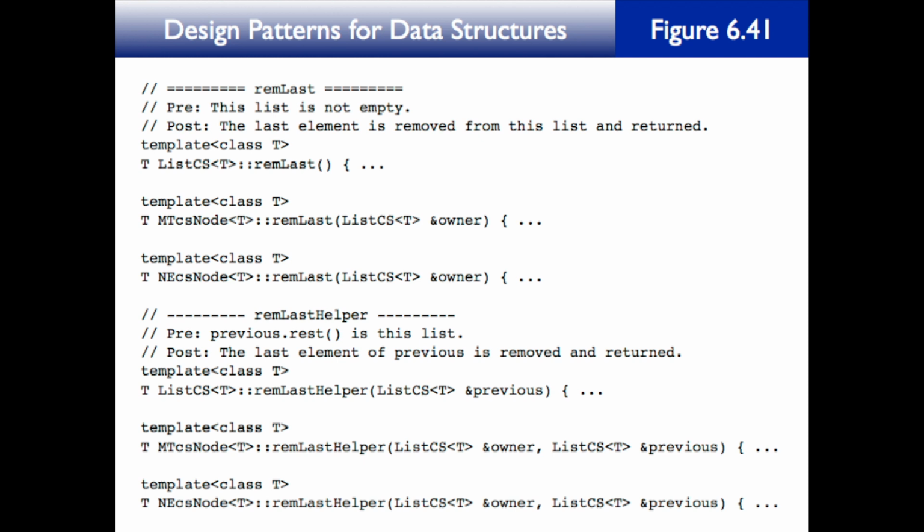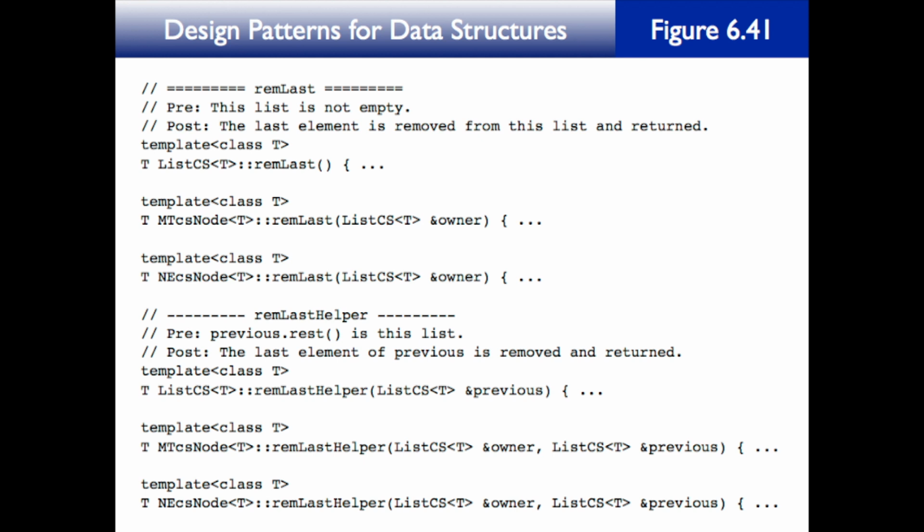But now look at here, this uses a helper, so that we have remLastHelper. Now, the remLastHelper has a different set of pre and post conditions. The precondition for remLastHelper is that previous._rest is this list.